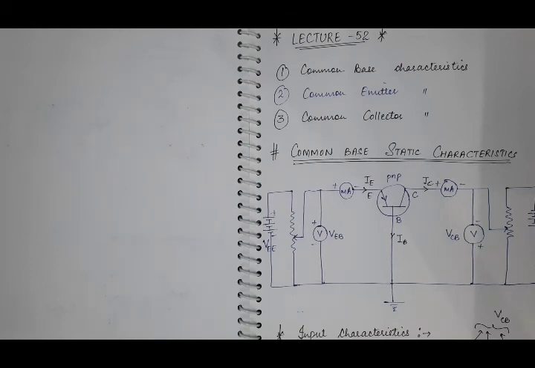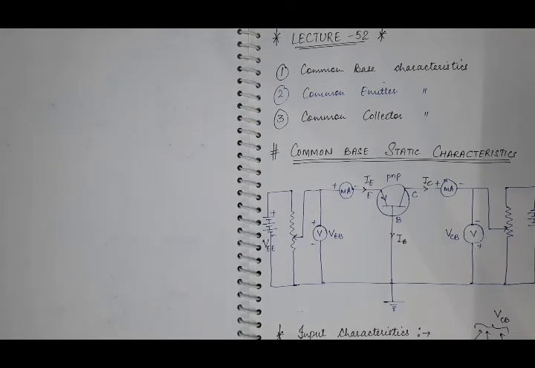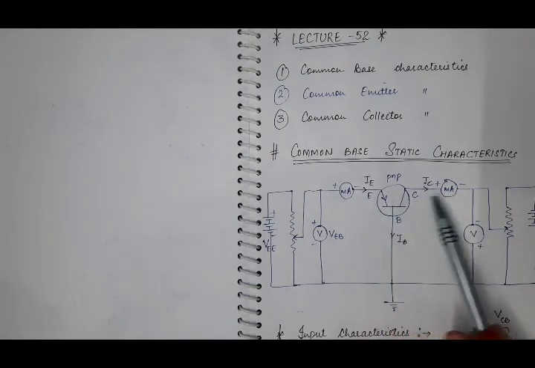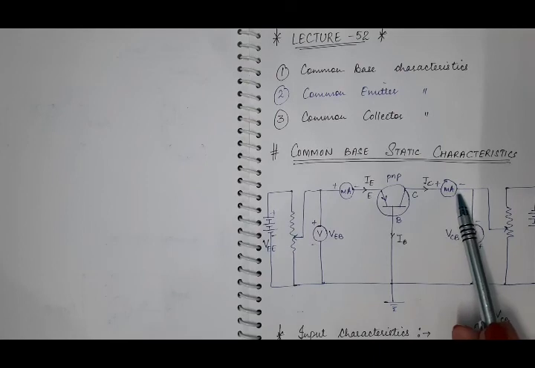So to measure the base current, we always connect a microammeter. To measure emitter current and collector current, because the width of these regions is large as compared to the width of the base region, the order of the current is also large. That is why we use milliammeters for emitter current and collector current.